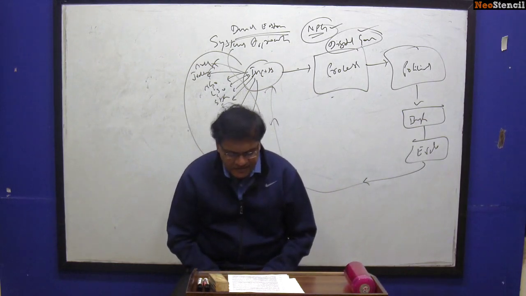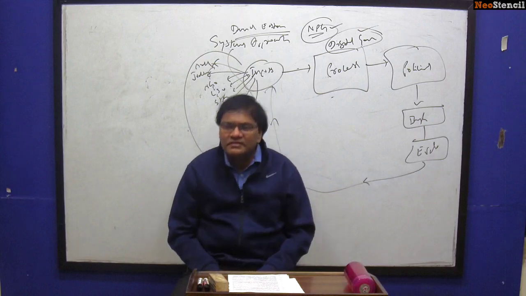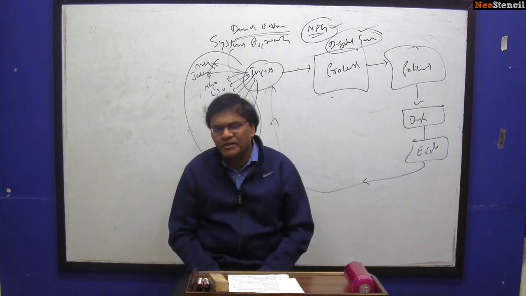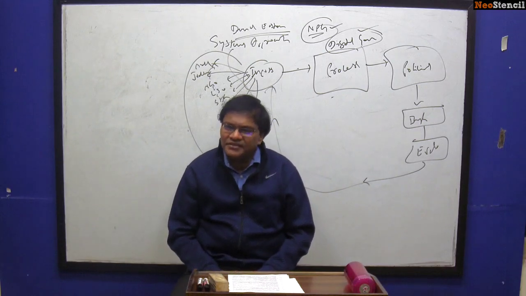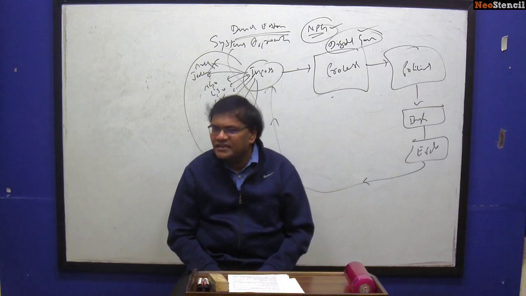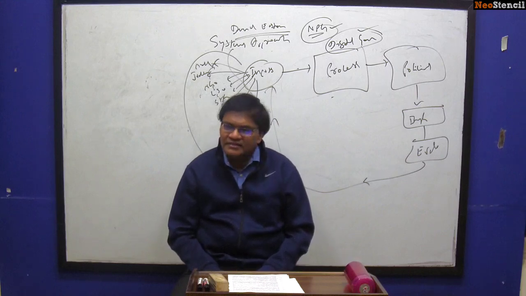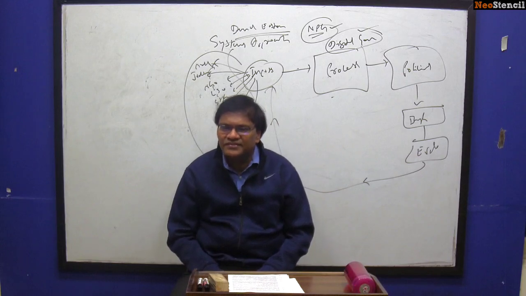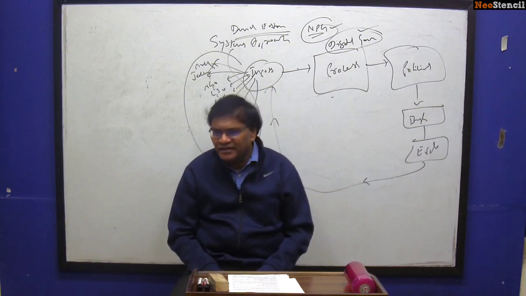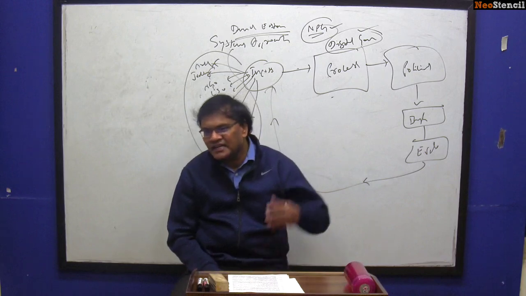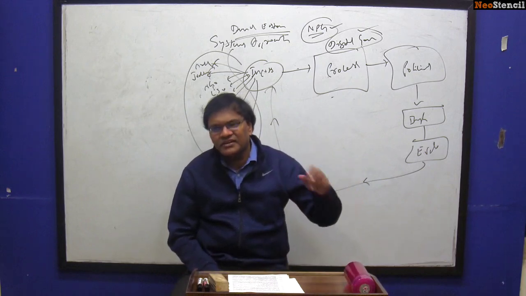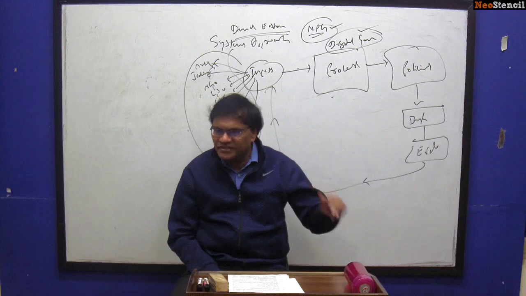Critically analyze. What is the basic problem with this kind of performance evaluation? As we have discussed earlier also, this kind of performance evaluation is very difficult in bureaucracy. Why? Because those who are working in staff organizations, they don't have any real powers of decision making.